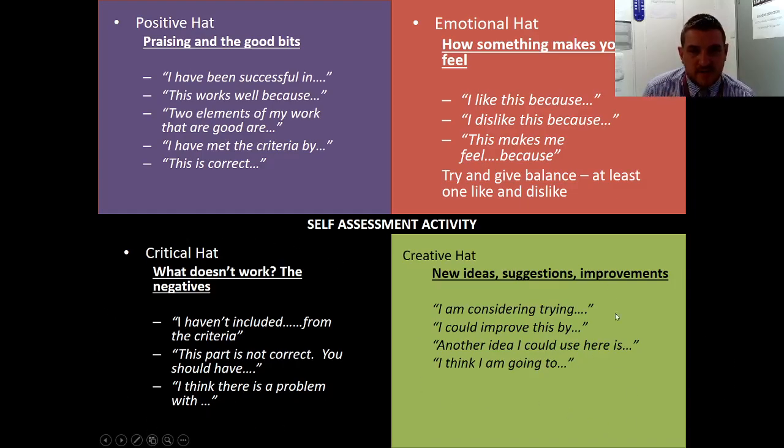Then we're going to go on to our final critical sentence, which you're going to write in green. In this one, we're looking at our creative side, so new ideas, suggestions, and improvements. I am considering trying, I could improve this by, another idea I could use here is, I think I am going to, and obviously you need to finish off the sentence.